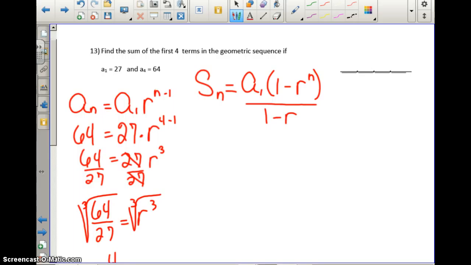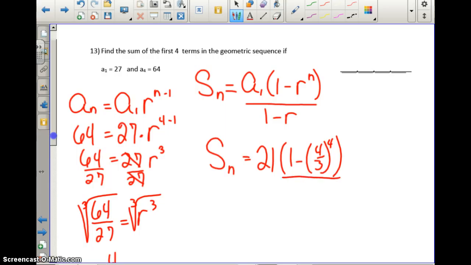So once I know that common ratio, I don't have to write out all the numbers. I can just find the sum because that's what they wanted me to do. So the sum of this would be the first term times 1 minus 4/3 to the fourth, all over 1 minus 4/3.